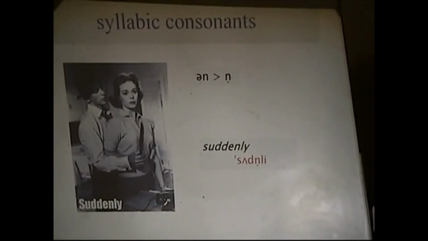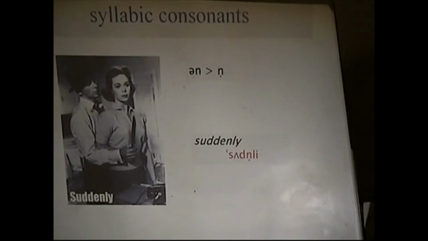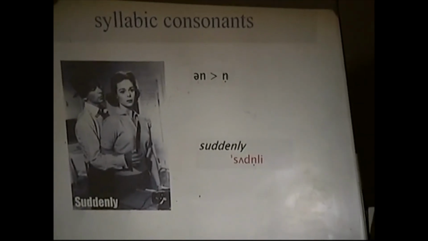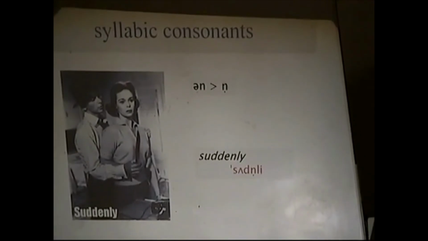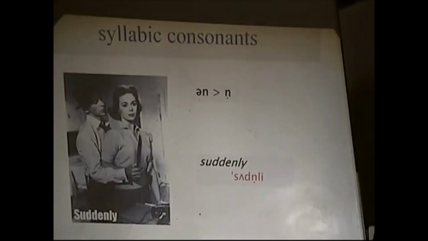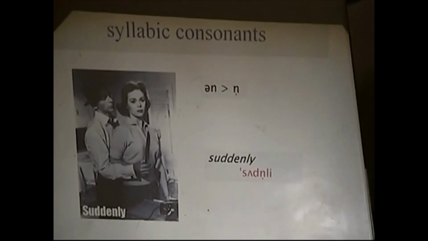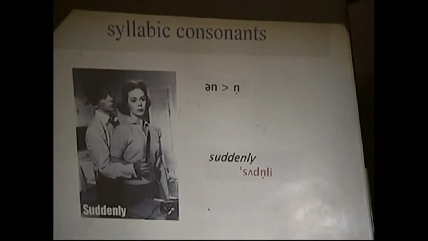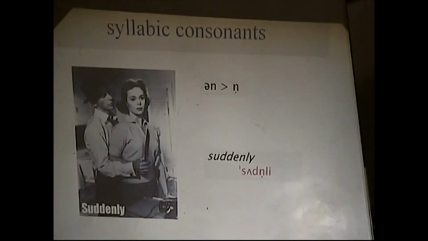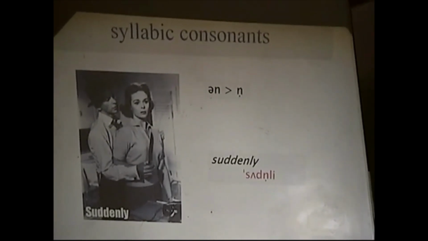What's happening? Well, what is happening pretty clearly is that this really has a schwa, an N in the second syllable. But we have a rule that takes schwa N and turns it into syllabic N, which is different from an ordinary N in that it occupies a syllable to itself. It is syllabic. So suddenly has 3 syllables.